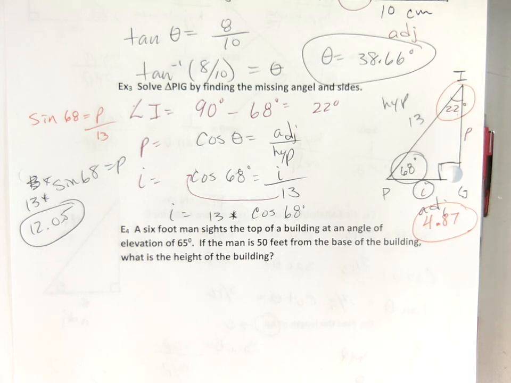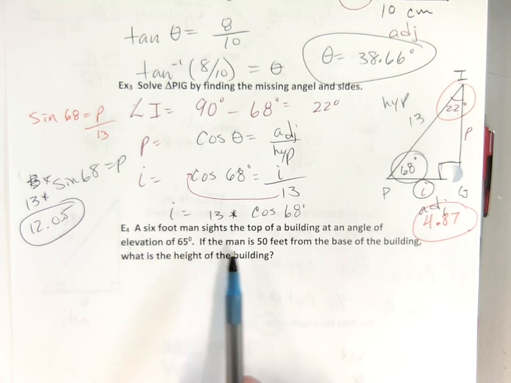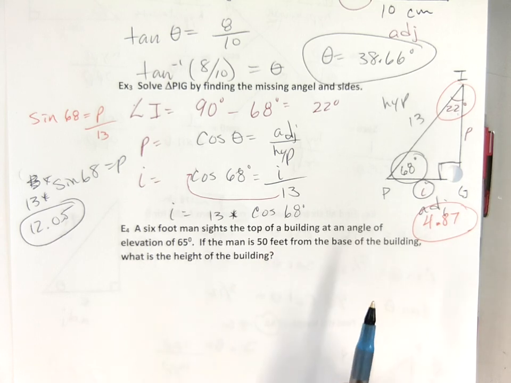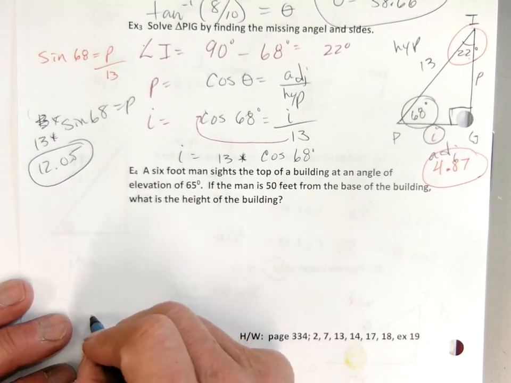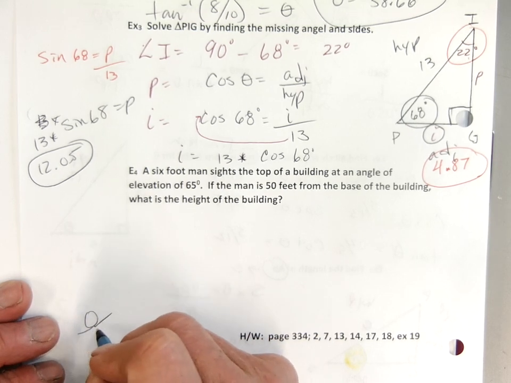And then number 4 is our hot air balloon, right? This really is our hot air balloon problem. We've got a 6-foot man who sights the top of a building at an angle of elevation of 65 degrees. If the man is 50 feet from the base of the building, what's the height of the building? Okay, so I'm going to draw a picture because a picture always helps.